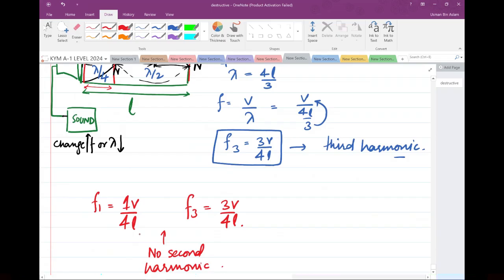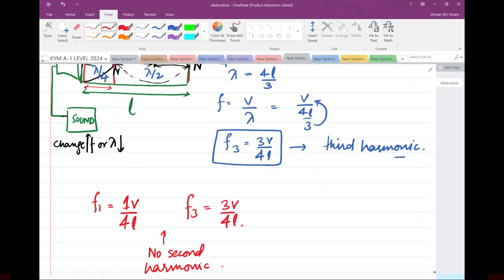The previous case in which we talked about a string, there was always an increment of half a wavelength. But here, even if you keep increasing the wavelength by half a wavelength, there will always be a 1/4 being added to it at the end. That is why the total wavelength will always be either 1/4 of a wavelength or 3/4 of a wavelength or 5/4 of a wavelength.